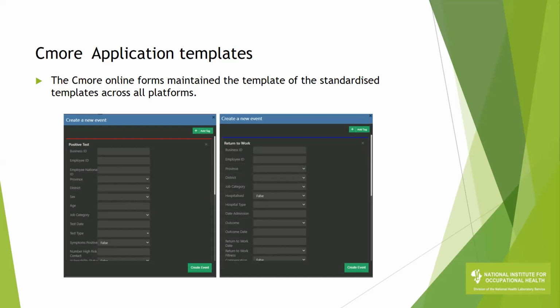Also, you need to make sure that the rules discussed for the CSV platform templates apply, like the business ID and the ID numbers. You have to make sure the information is correct so that we receive correct information to submit to the Department of Labor. We can move on to the next slide.